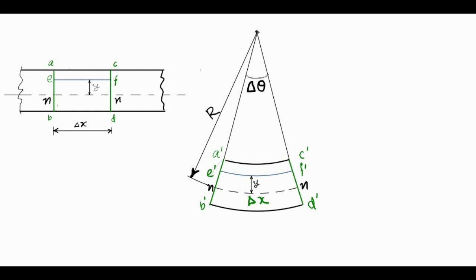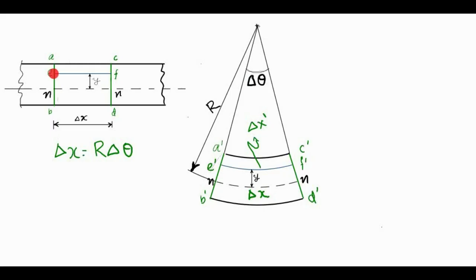So we say the new length is, say, delta x dash. Now from this diagram we can write, if delta theta is in radians, delta x is equal to r into delta theta.